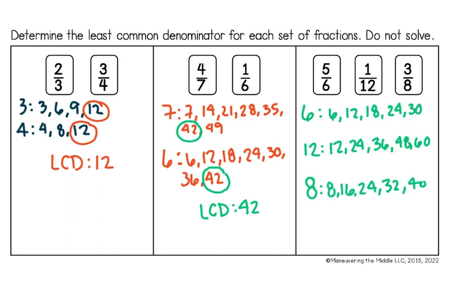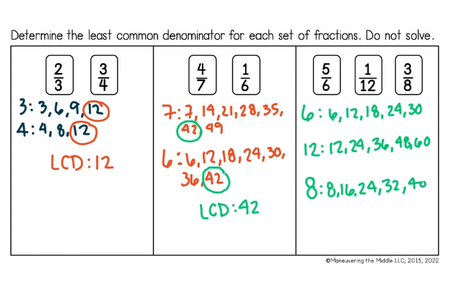So I've gone ahead and listed out our multiples. For 6, I have 6, 12, 18, 24, and 30. For 12, I have 12, 24, 36, 48, and 60. And for 8, I have 8, 16, 24, 32, and 40. I'm looking for the number that all 3 have in common.